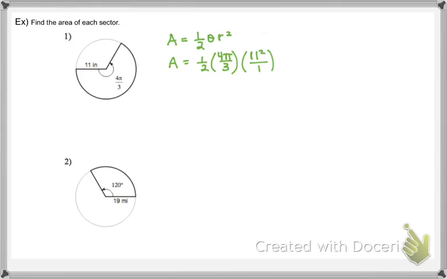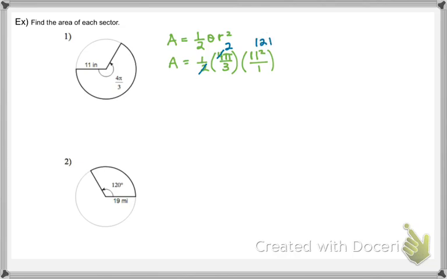And so let's simplify. I can do 11 squared is 121, and then I can multiply by 4 and divide by 6 if I want to multiply across first and then reduce, right? Or you could reduce now before multiplying. So if I reduce now, I can do 4 divided by 2 is 2. And so we really have 2 times 11 squared is 121.